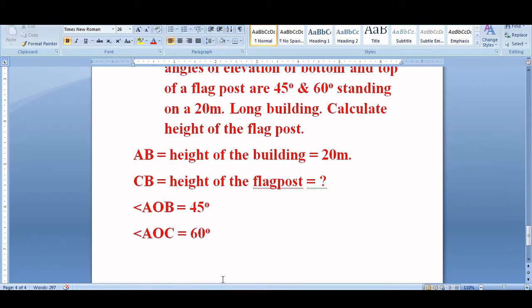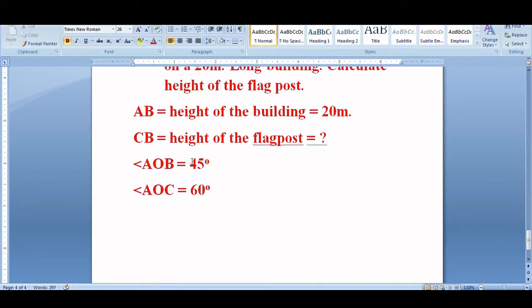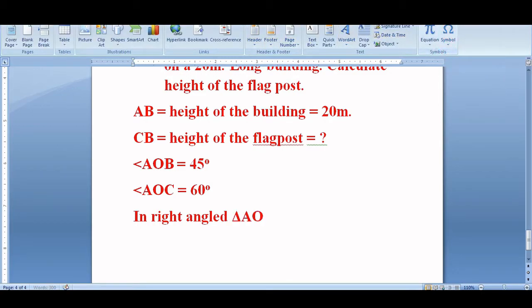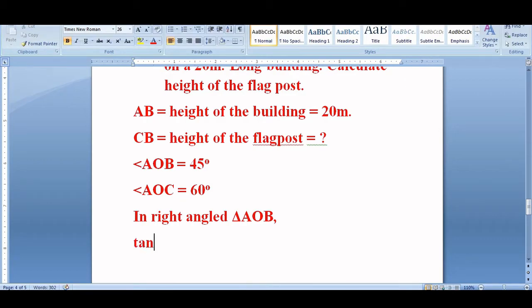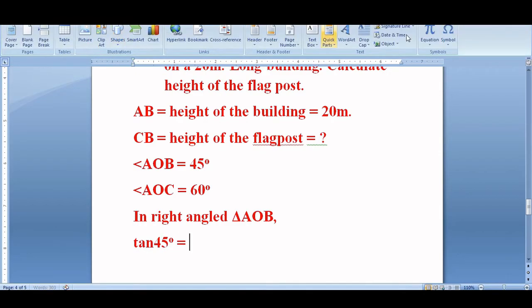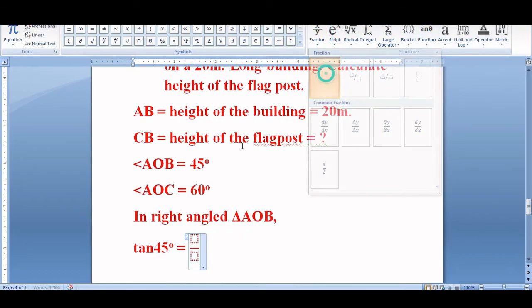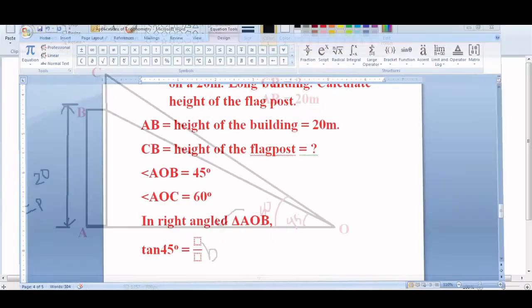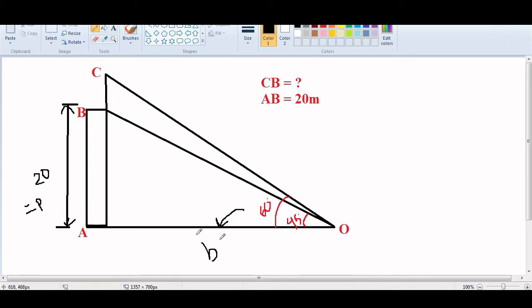So in right angle triangle AOB, we know that tan 45 degrees how much? It's perpendicular by base. So what's the perpendicular here? 20, and the base is OA, that's unknown.